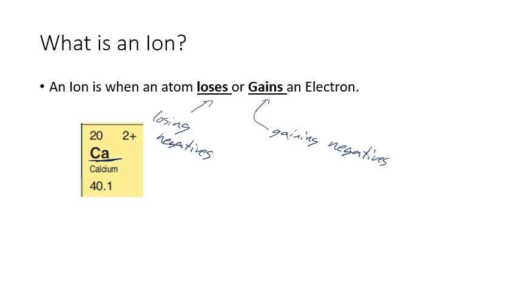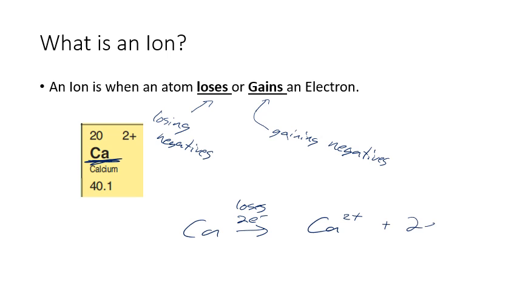So for something like calcium, calcium loses 2 electrons. E negative means electrons, so it loses 2 electrons and becomes Ca2 plus.